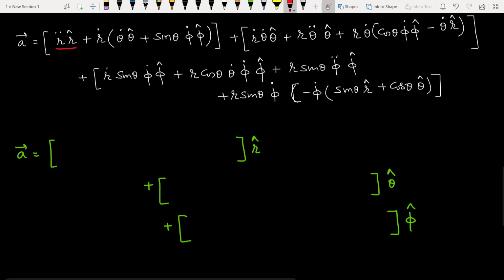This is the first term. It is r double dot, r cap is taken as common. Next is this term, minus r theta dot square.